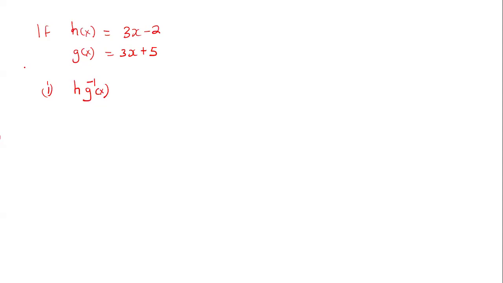That thing is totally different from hg of x, everything inverse. They are totally different. Here, it is only g whose inverse is needed, then you replace it in h. So the first step, can you first find g inverse of x?